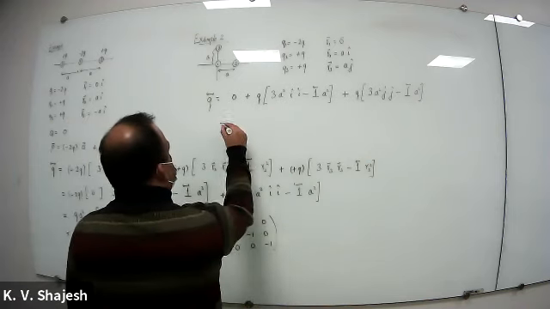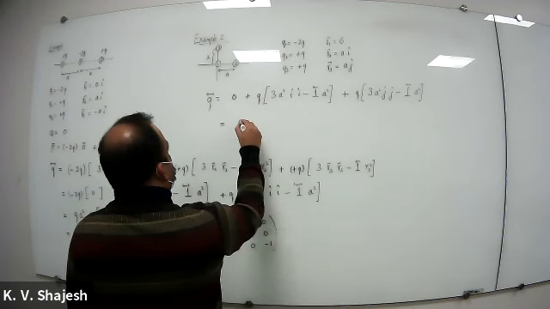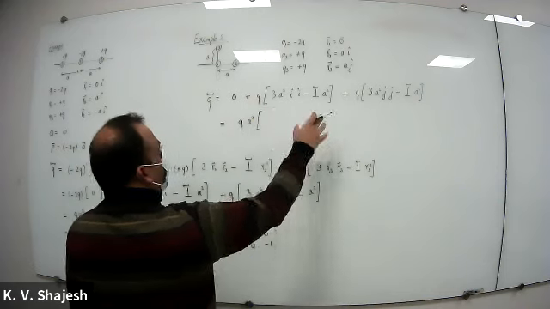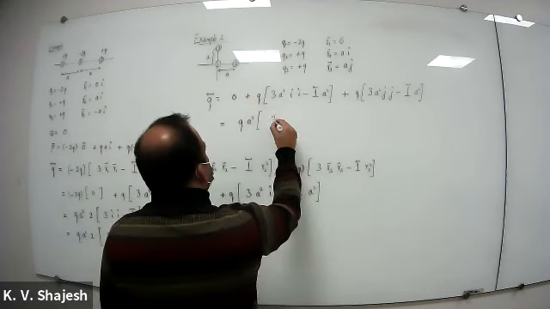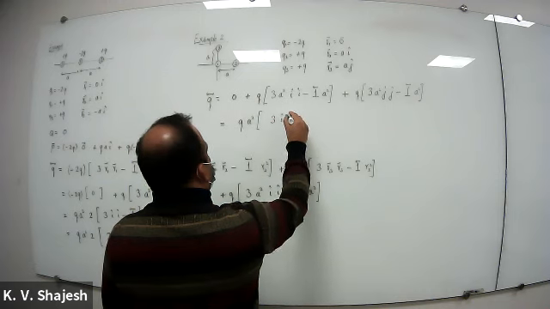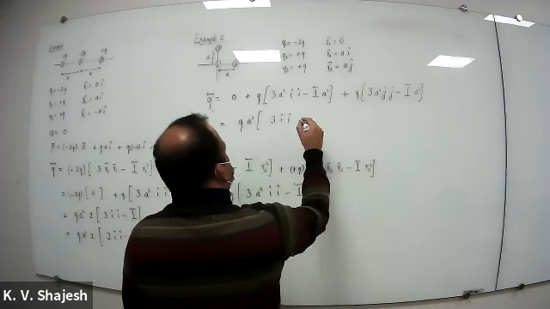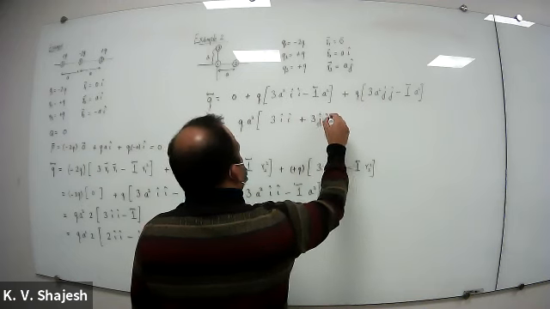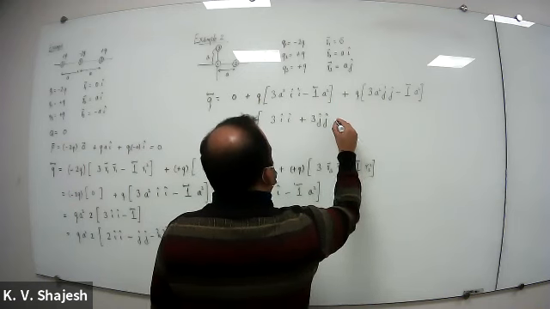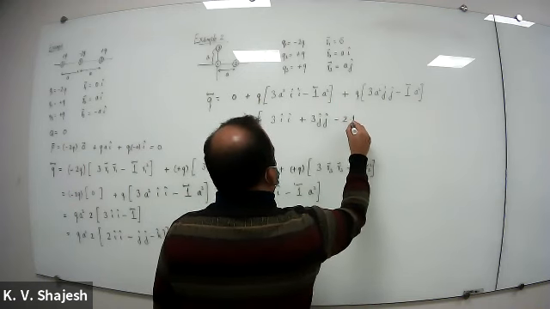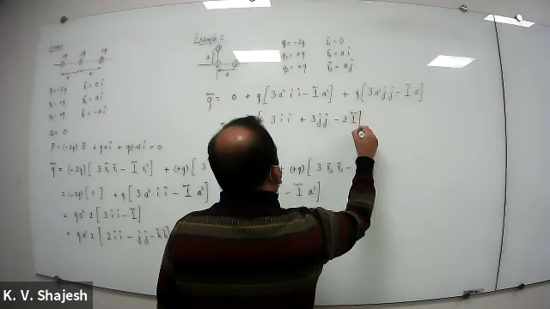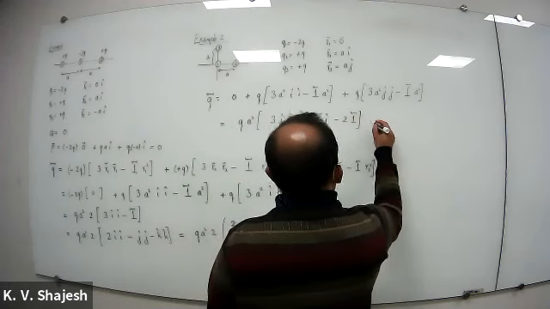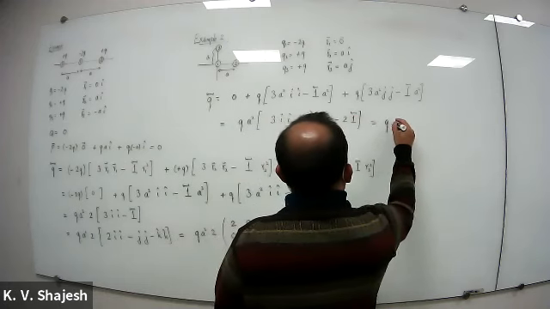And again, one can pull this out, q a square, and put this all together. So this is 3 I hat, and then there is 3 j hat, and minus 2 times 1. Which will give me q times a square.